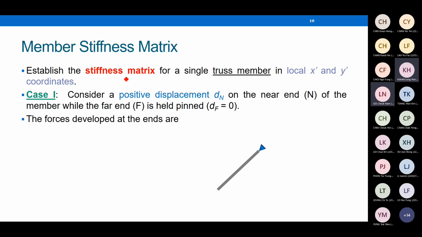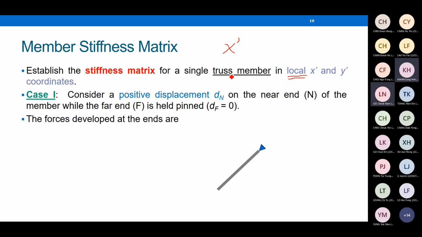When you derive the equation, we have to firstly set up the coordinate system. Here we set up a so-called local coordinate system. For a local coordinate system, we normally use a prime on the top right-hand corner to mention that it is a local system, local to the member.